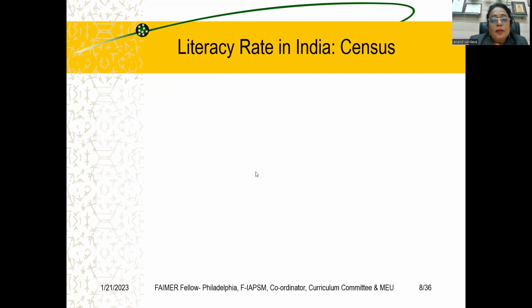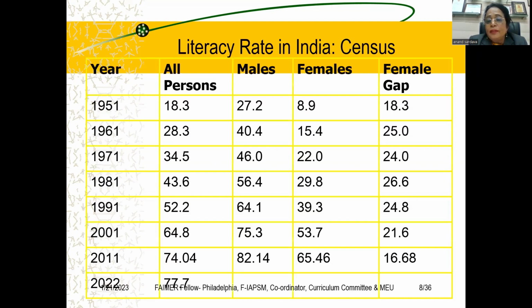If gender matters, I have given this slide first just as an example. You can see that from the census 1951 to 2022, the literacy rate has been increasing overall. But when we see the literacy rate in males and females, there is a gap everywhere.